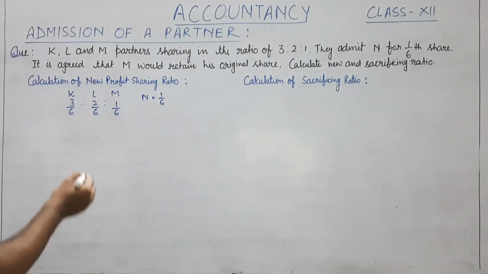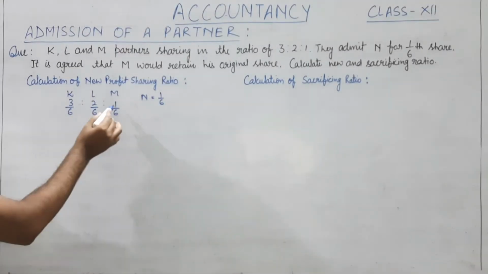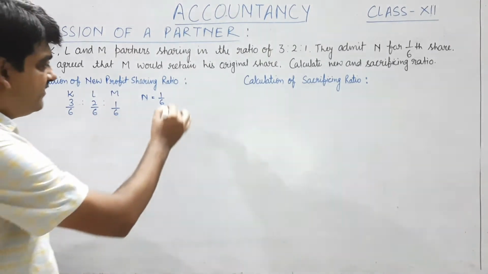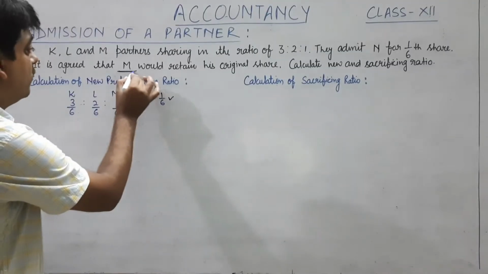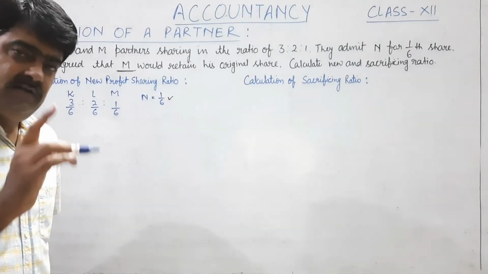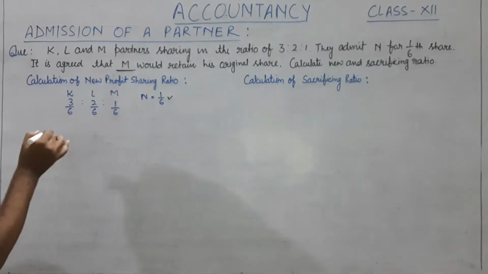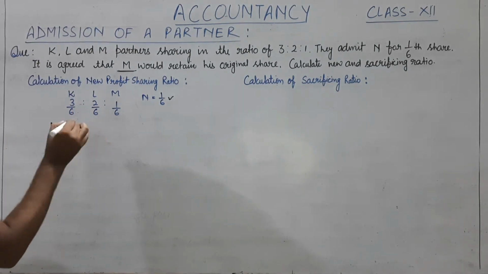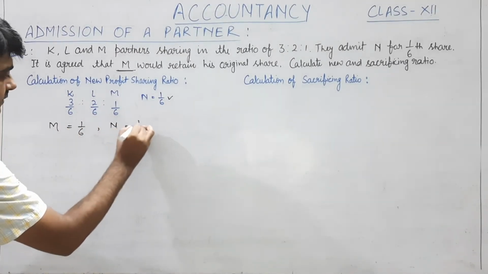So you can see profit sharing ratio of K, L, M is 3:2:1. That means 3/6, 2/6 and 1/6. N is admitted for 1/6 share and M would retain his original share. That means N's share will be 1/6. So now we have two shares, that is M as well as N. So M's share will be 1/6 and N's share is also 1/6.